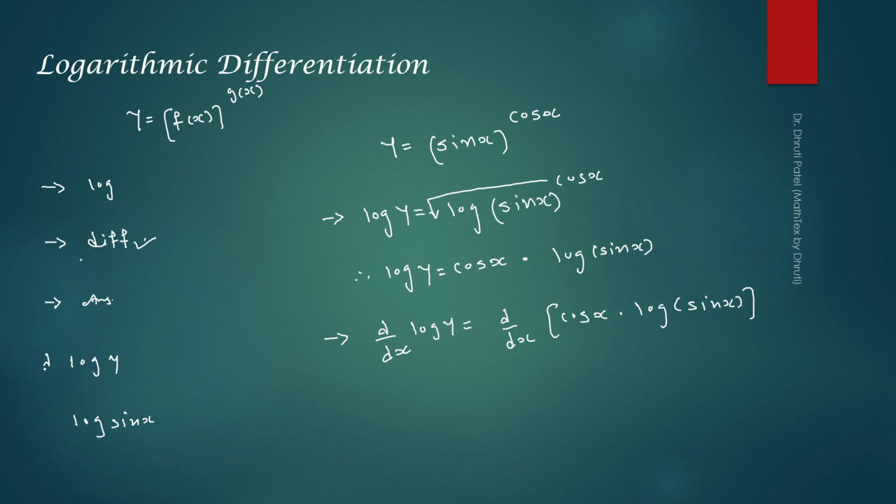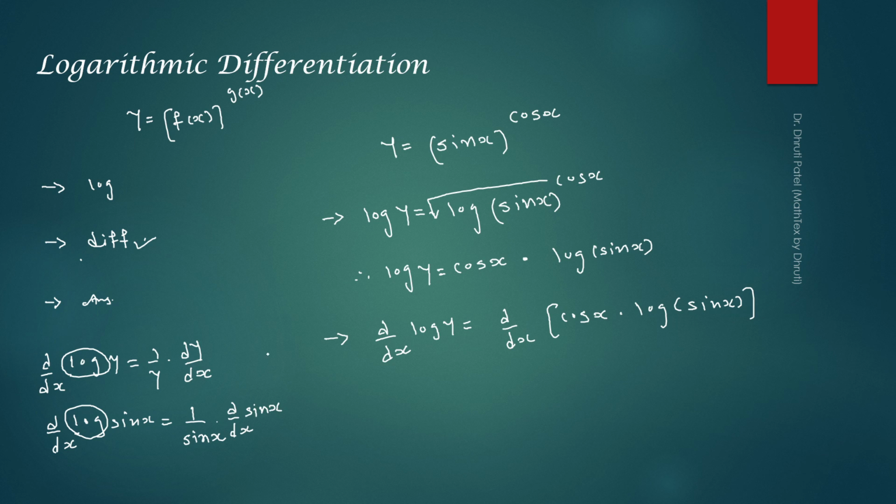When I want to differentiate these two composite functions, the chain rule will be applied. That means the outer function log will be differentiated first. So derivative of log y will be 1 upon y and then y needs to be differentiated, dy by dx. Similarly, for log sin x, log is the outer function, so it is 1 upon sin x into derivative of sin x.